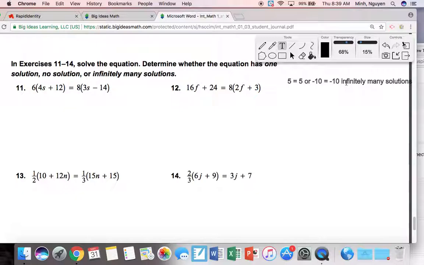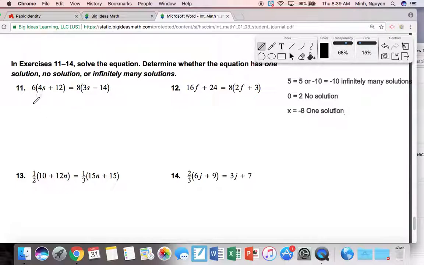If on the other hand you get something like 0 equals 2, that's no solution. And if you get something like x equals negative 8, that is one solution, right? This is just one number. This does not make any sense, so it's no numbers, and this is always true, so it's all numbers.